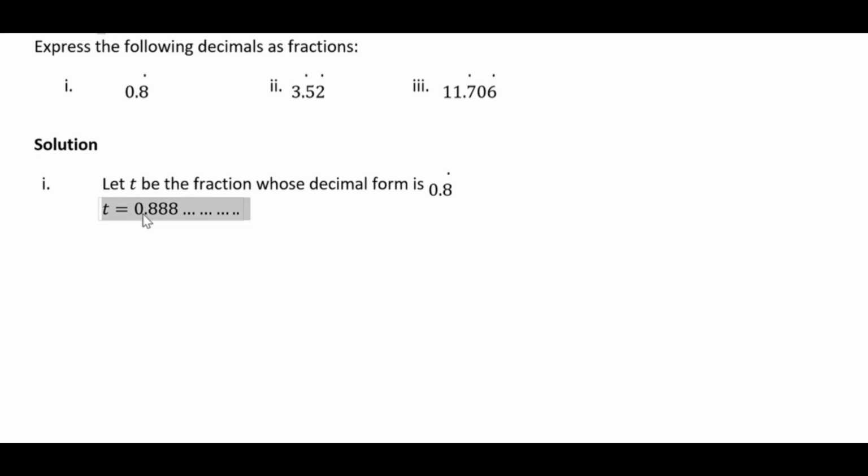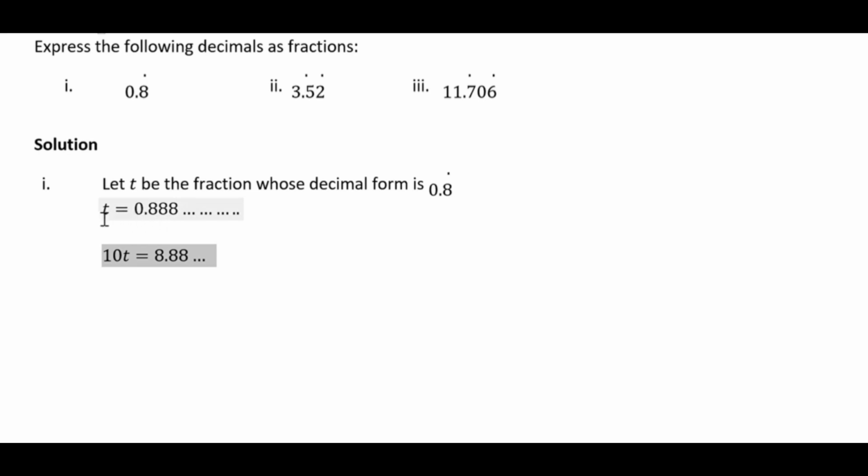Now looking at this number, because it's only 8 that is recurring, you ask yourself, what can I multiply by this so that one of the 8s come before the decimal point? So you realize that we need to multiply by 10 to have one of these 8s come here. So that means we shall multiply by 10 on both sides. We shall have 10t is equal to, this decimal now moves here, we have 8.88 like that.